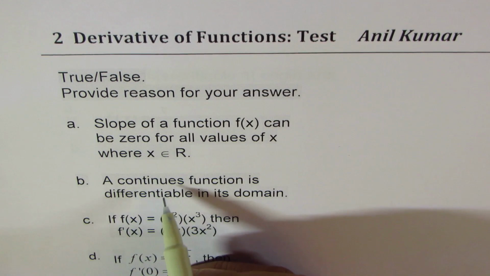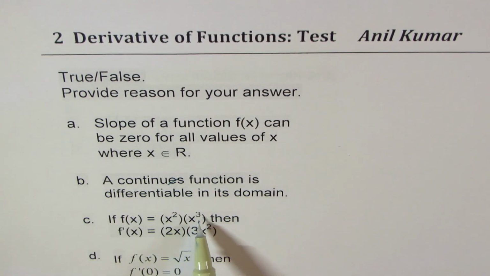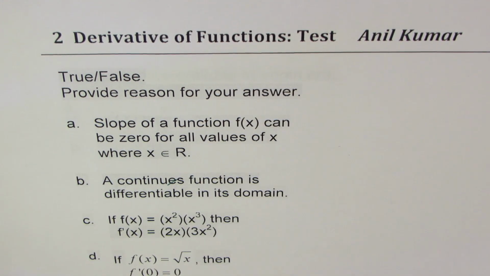C is, if f of x equals x squared times x cubed, then derivative is 2x times 3x squared. And D is, if f of x equals square root of x, then derivative of the function at x equals 0 is 0.